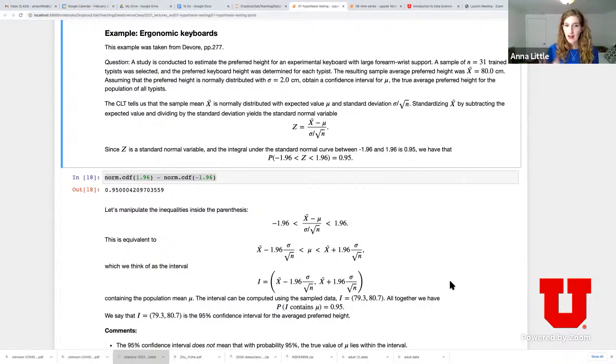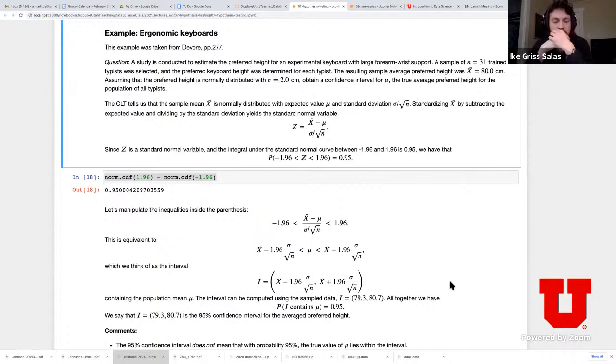And you're going to have a trade-off here. You would like to have a small interval because a small interval is a more precise estimate for mu. But the smaller you make the interval, the lower the confidence is going to be. So you could make a smaller interval, but then you would only be, say, 75% confident.